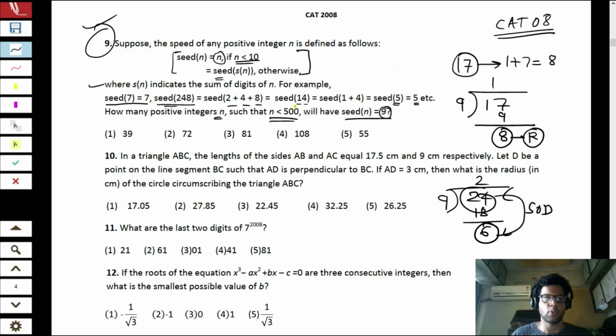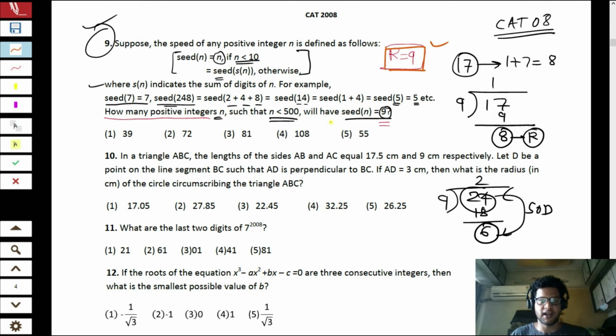Now coming back to the question, it asks how many positive integers are there such that their seed is 9. Now understand, if any number's seed is 9, that means that number has to be divisible by 9, right? Because seed is nothing but the sum of the digits, and if my remainder is 9, that means that number is completely divisible by 9.